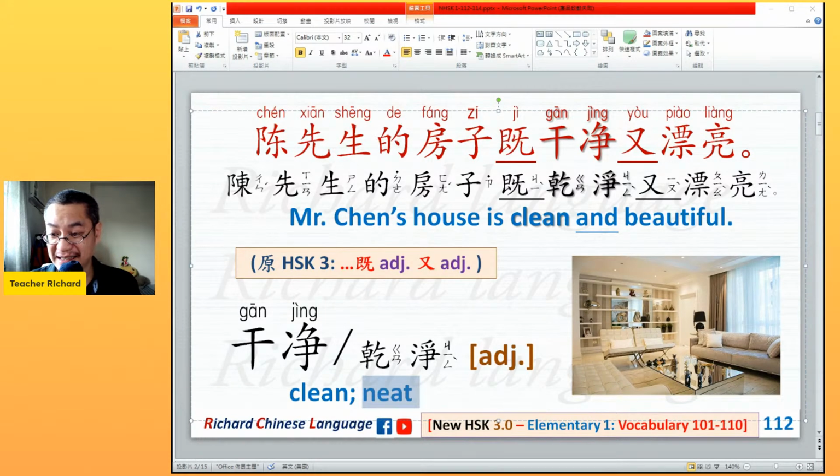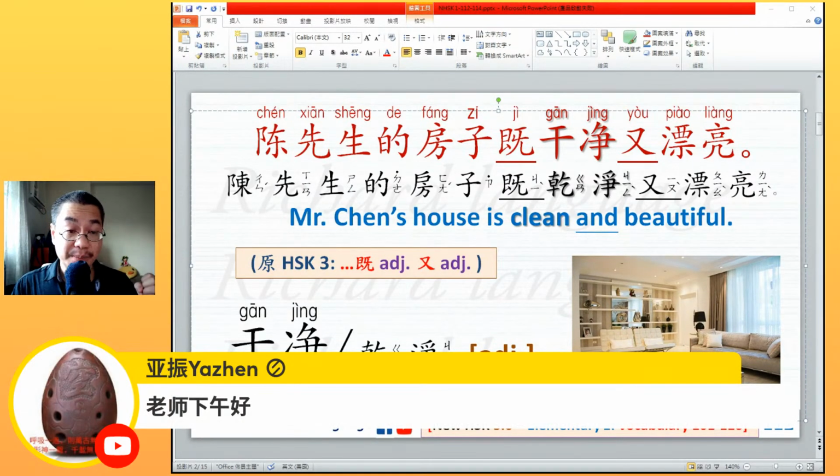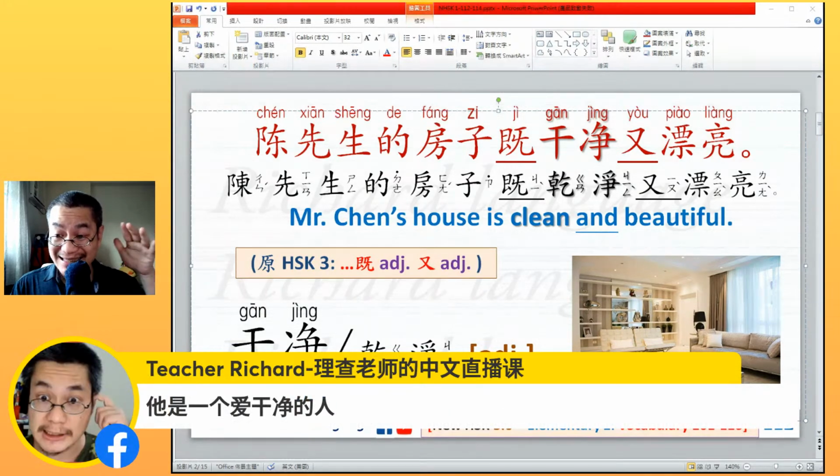Teacher Richard loves to be neat, so I can say 李朝老师是一个爱干净的人. If 雅正 is a person who loves to be neat, I can say 雅正是一个爱干净的人.